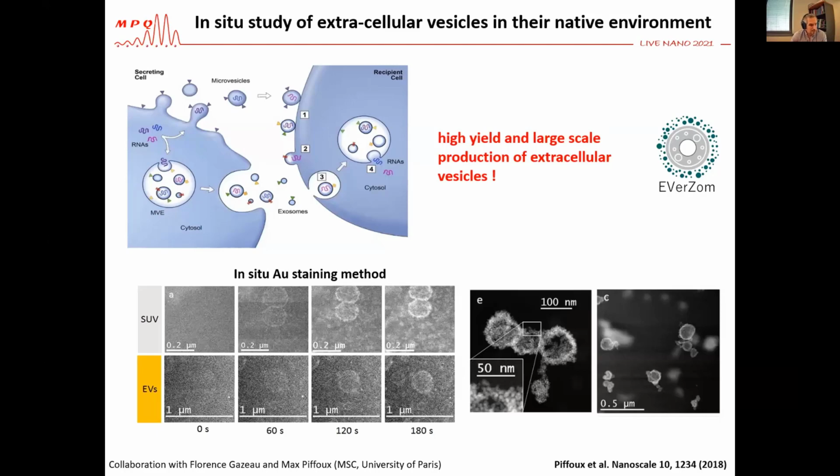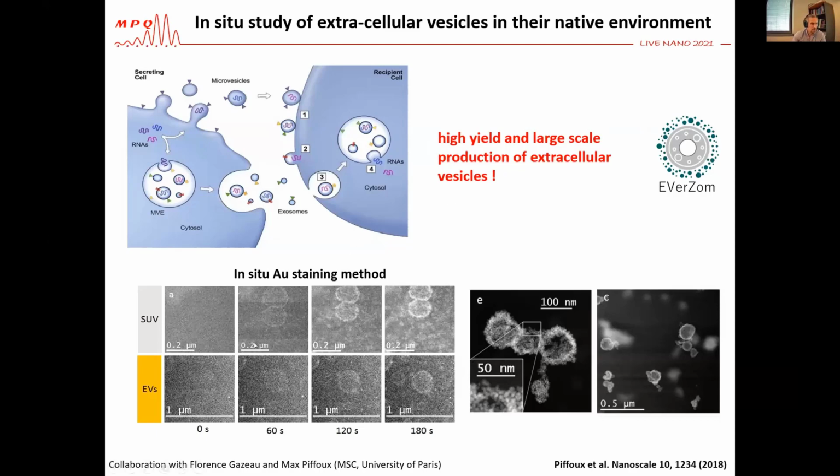At that time, my colleagues were developing a high yield and large scale production method to produce extracellular vesicles. And they did a fantastic work, which led to the creation of this startup, Everzom, that now commercializes highly concentrated solutions of vesicles that have a good concentration for therapeutic application.